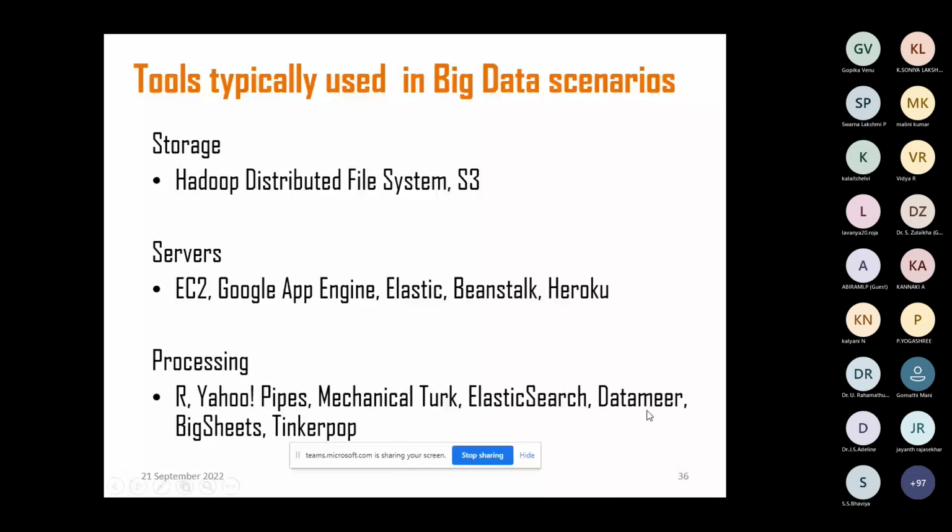This Data Mare provides the facility to handle all of this in one, or simply said, an all-in-one solution is provided through this Data Mare.